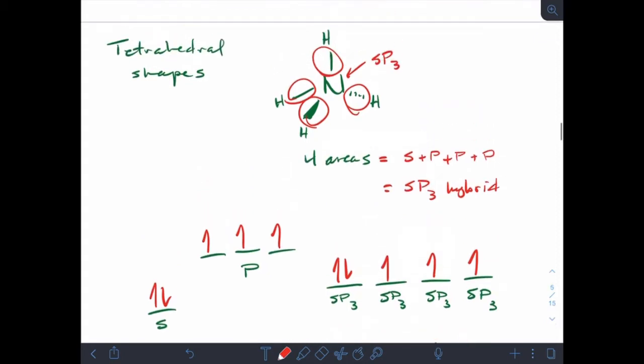So the takeaway message here is: count the areas of electrons, and that many areas will tell you what the hybridization about a particular atom is.